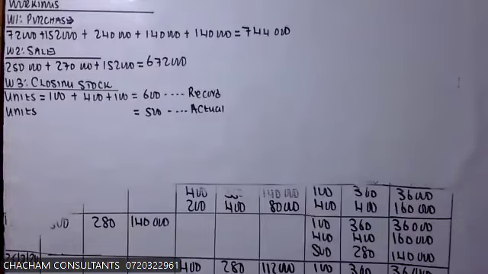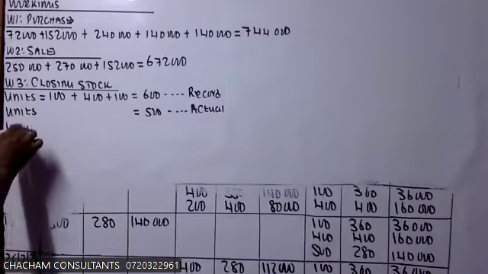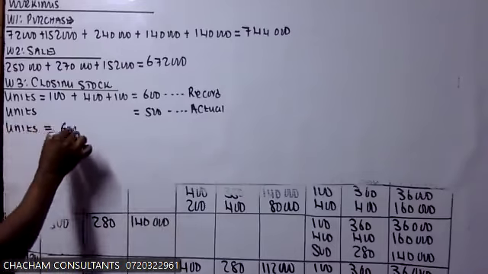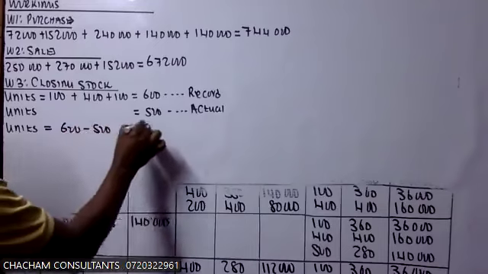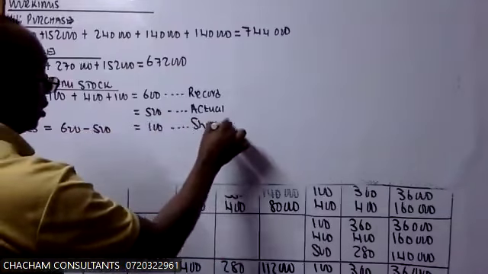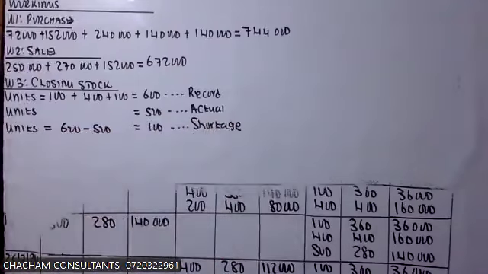That is the actual. So that tells you that we must have some other units of 600 minus 500, which is 100. And this one now we call it shortage.